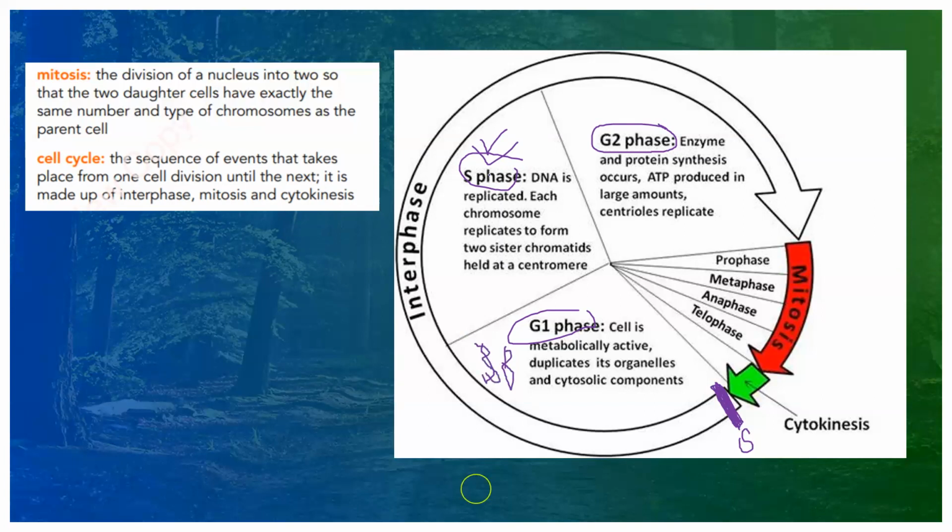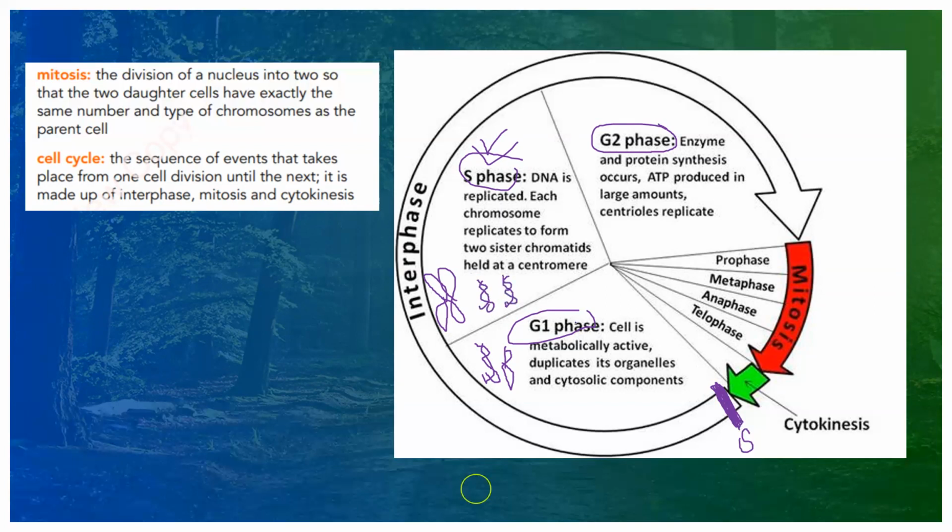In the S phase, DNA replication takes place. Chromatid now becomes that chromosome that is soon going to be visible as soon as I stain the cell, which means now we have two copies of DNA available, not just one, but two identical copies.